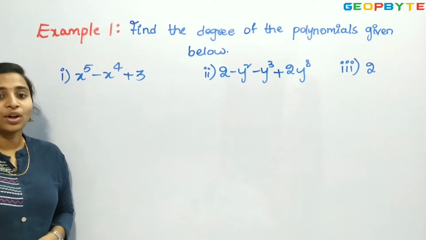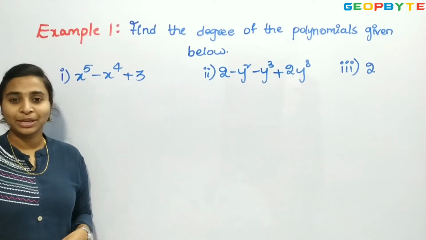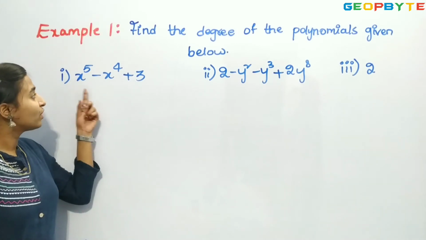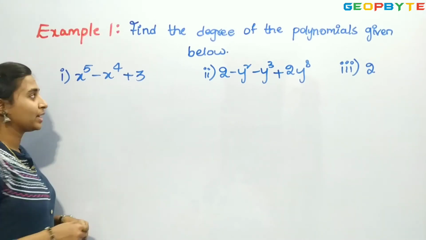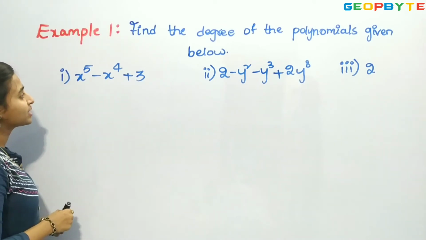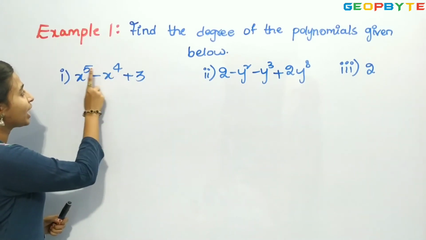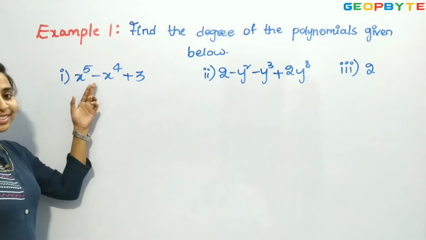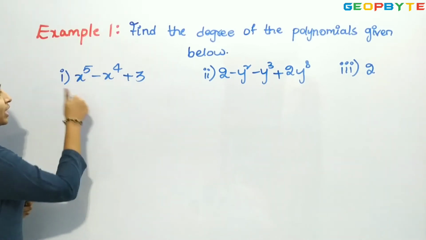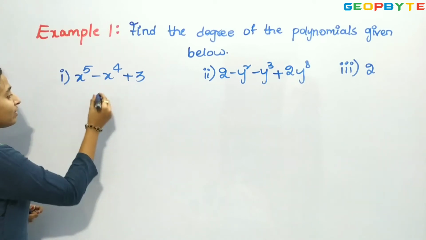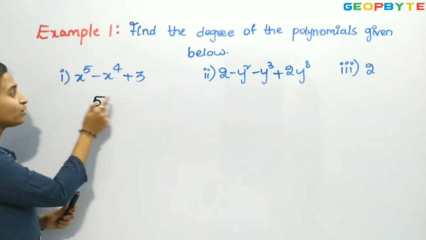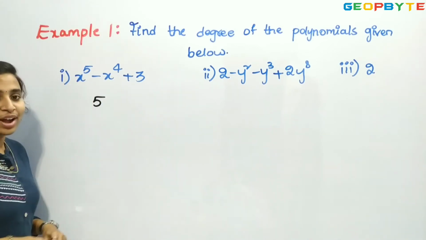As we all know, degree of the polynomial means finding out the highest degree of the variable in the polynomial. Here our variable is x. For x, we have powers 4 and 5. Among these two, 5 is the highest power. So, the degree of this polynomial will be 5.